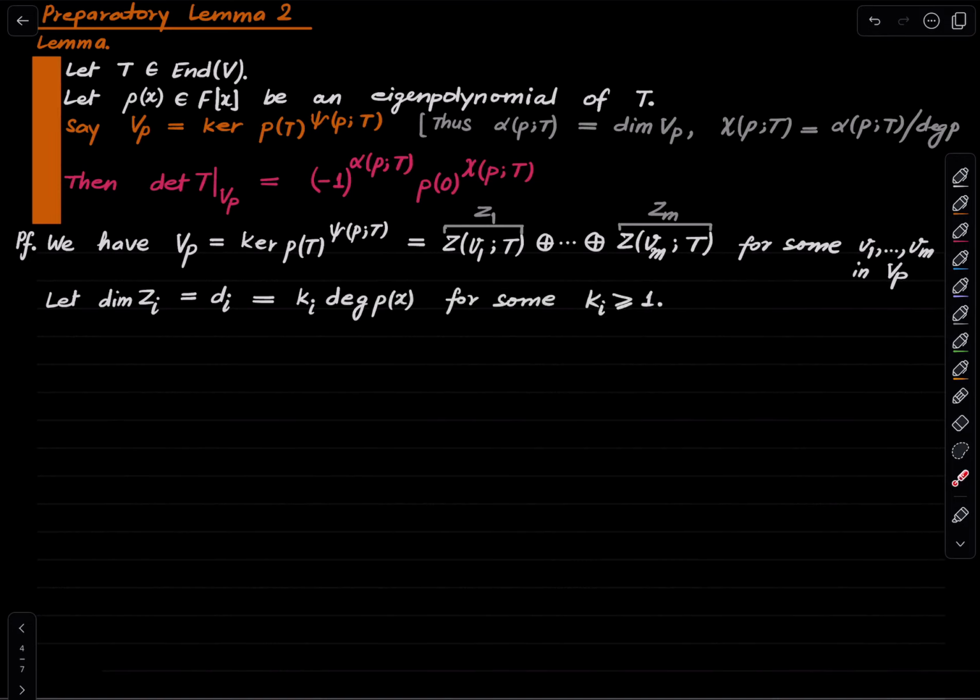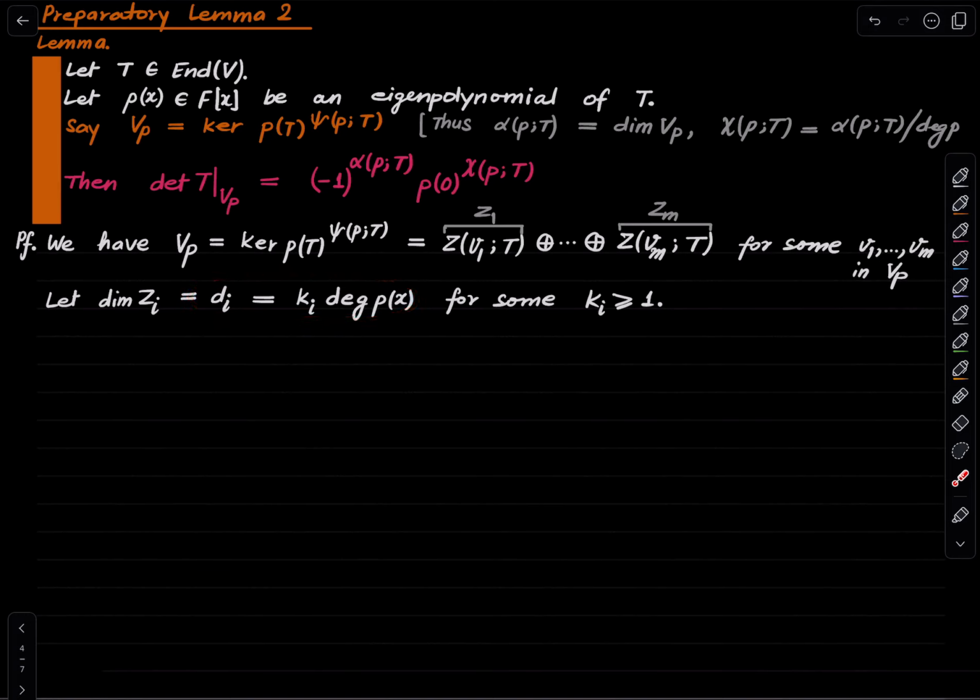So this we saw way earlier, that the dimension of the cyclic subspace generated by a generalized polyeigenvector corresponding to an eigenpolynomial p is going to be divisible by the degree of the eigenpolynomial. Therefore, this equation is justified.